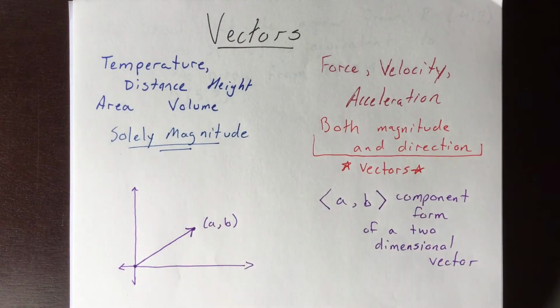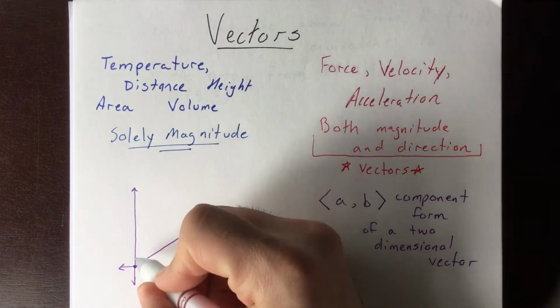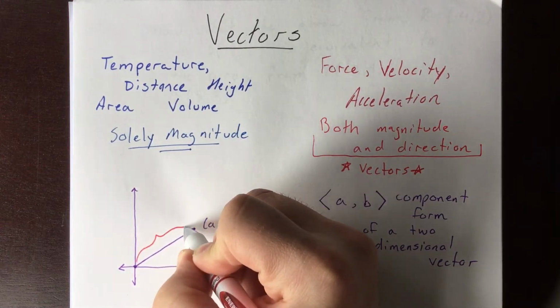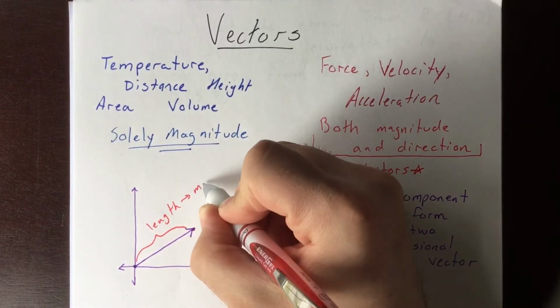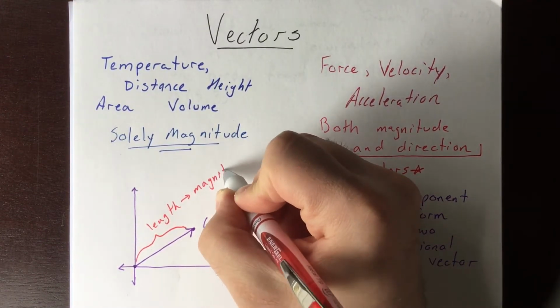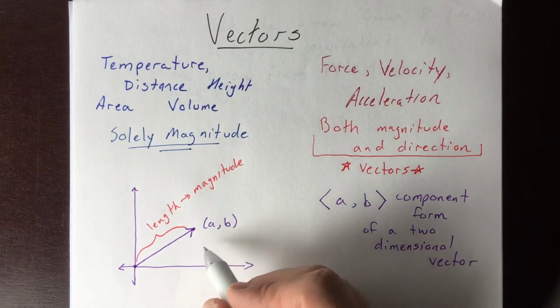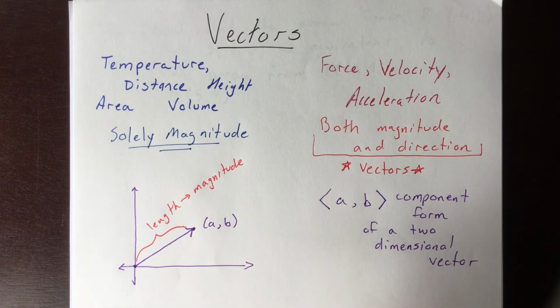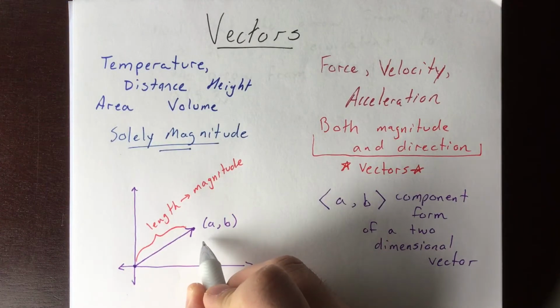So two things make up a vector, as we said, both direction and magnitude. When we say magnitude, we are actually focusing on the length of this vector. So the length of the vector is the magnitude. And then when we look at the direction of the vector, it's the direction that the arrow is pointing. So how do I write this?